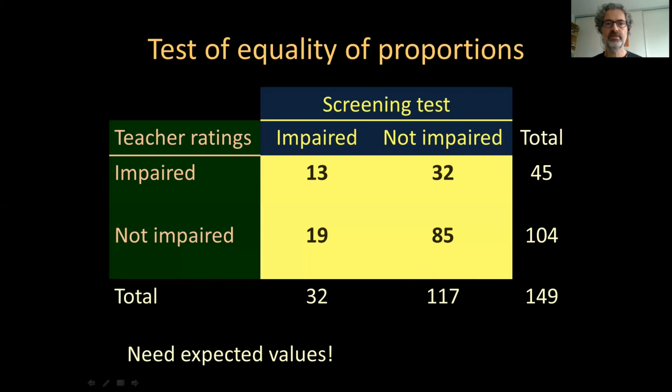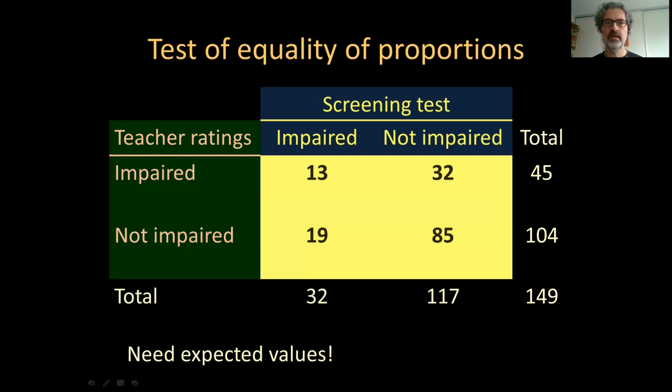Still, we want to derive expected values based on the assumption from the null hypothesis that the proportions are equal, which amounts to the assumption that the two variables, namely the language evaluation by the clinical screening test and the teacher rating checklist, are unrelated. That's our null hypothesis.